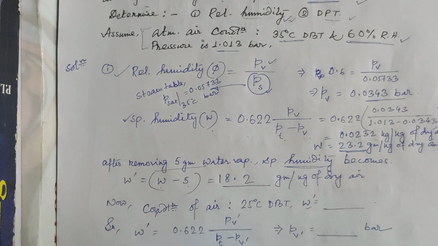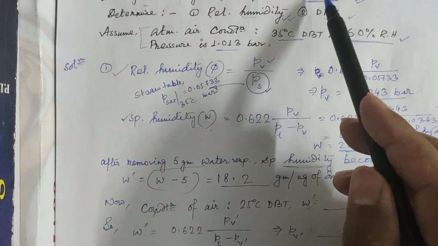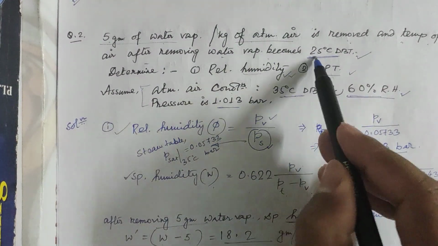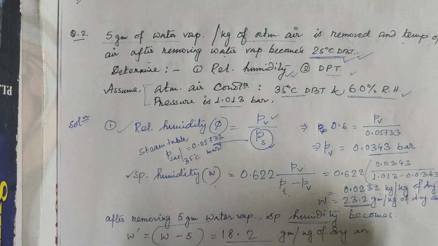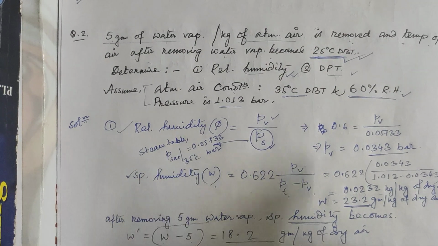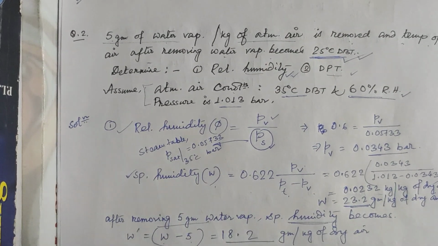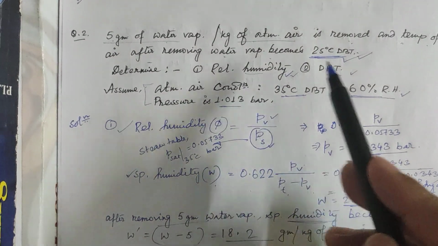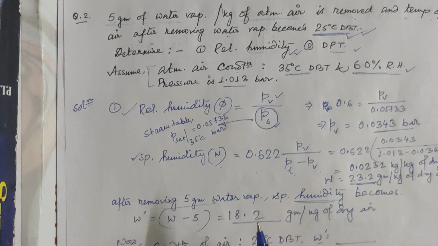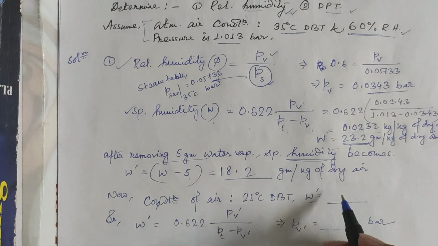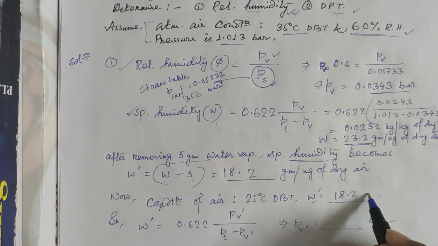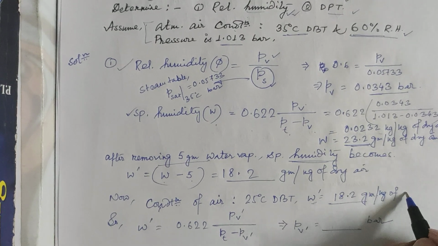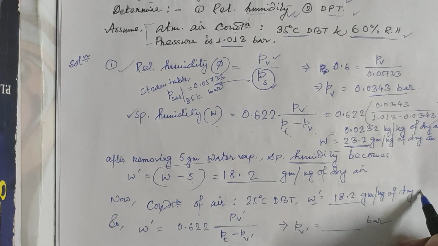This one is known. After removing the water vapor, the dry bulb temperature becomes 25 degrees centigrade. Corresponding to that 25 degrees centigrade, you have to find the relative humidity and dew point temperature. The new value of specific humidity is 18.2 gram per kg of dry air.